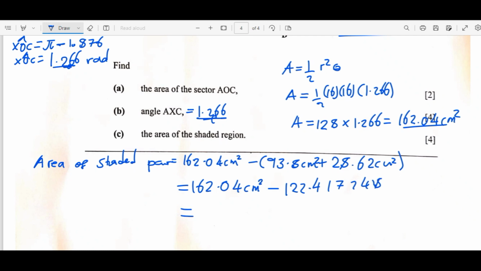According to my calculator, I'm getting the value of about 39.62 centimeters squared. So that's it for this video.